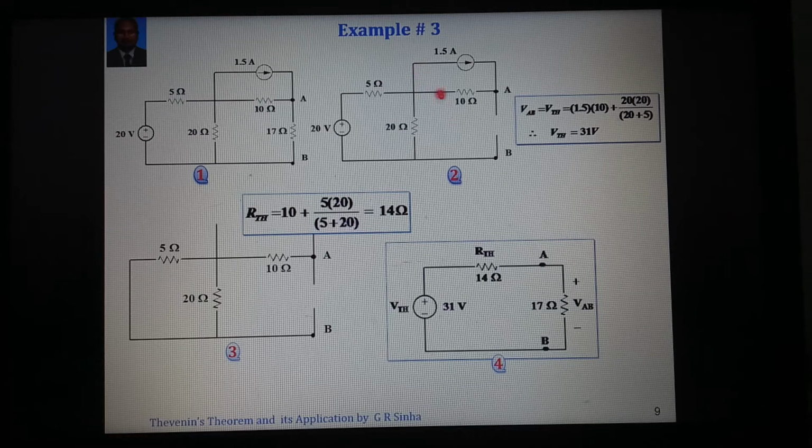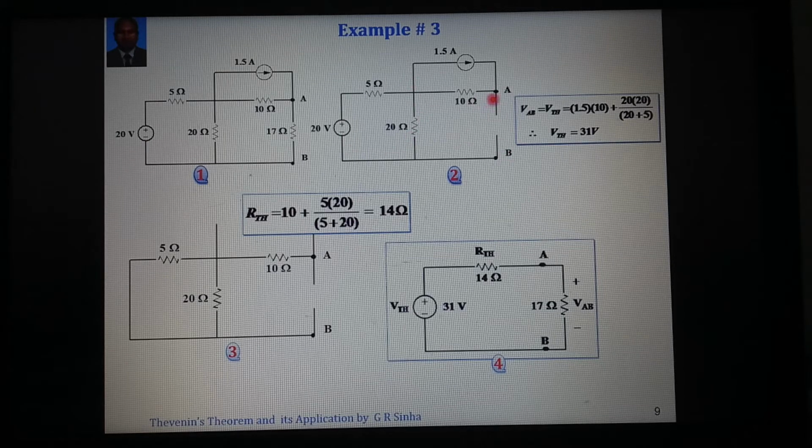So this 1.5 and 1.5 will cancel. It means that whatever current is flowing in this loop is flowing through the 20 ohm. So how will we determine the Thevenin voltage between A and B?